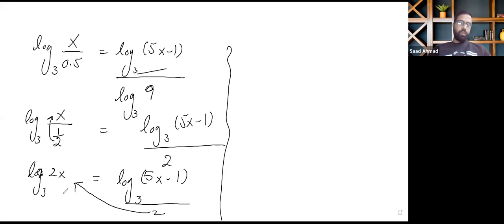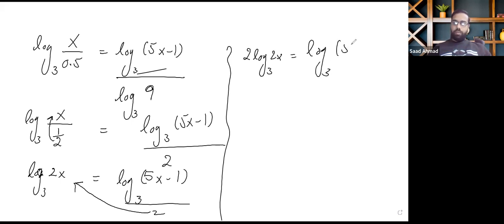We get 2 log 3 2x equals to log 3 5x minus 1.